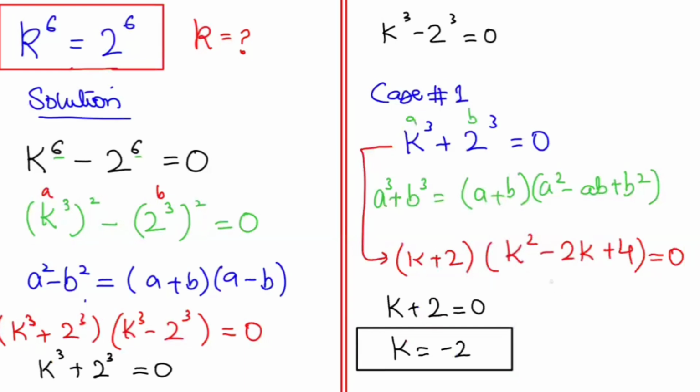Now we're going to solve the second solution, that's the quadratic equation. So the second solution from case 1 is k squared minus 2k plus 4 is equal to 0. Now I am going to apply here the quadratic formula. This is our a, b and c value.